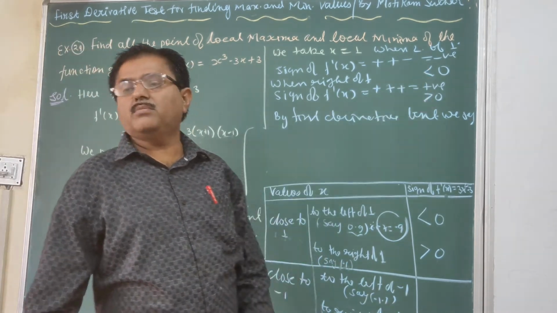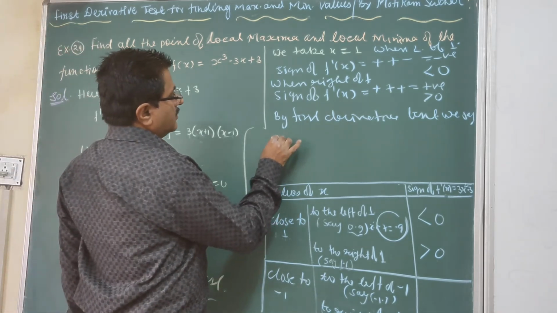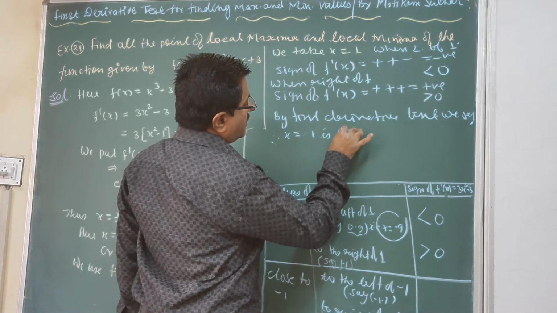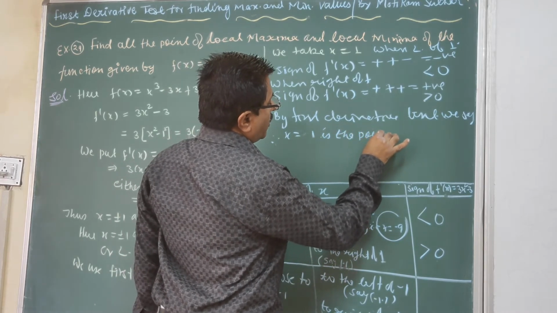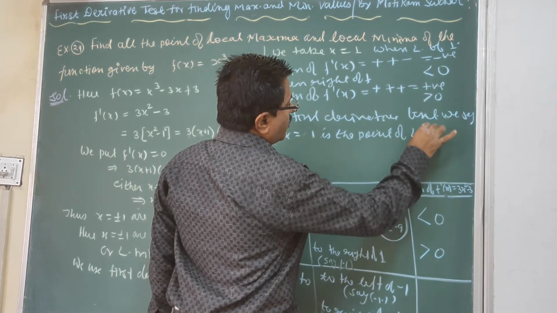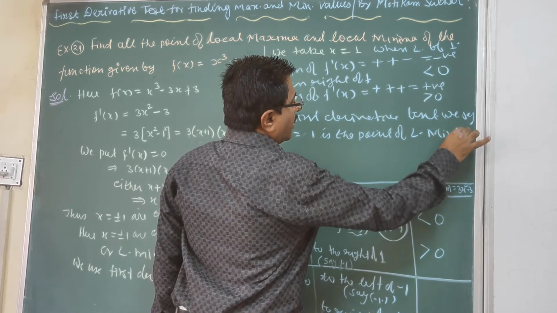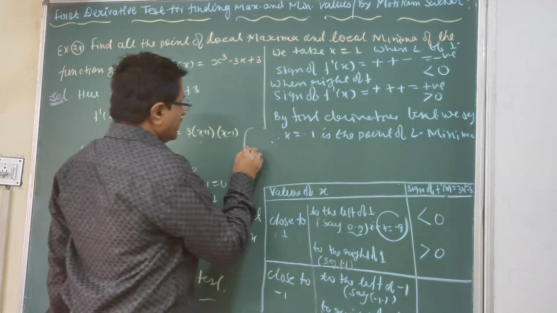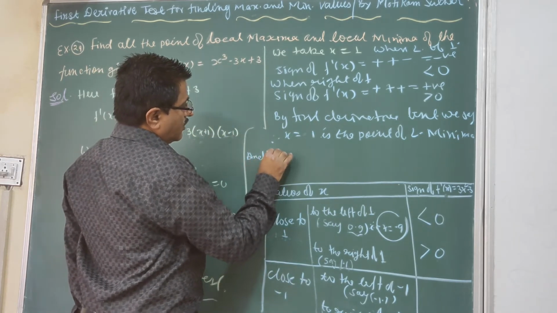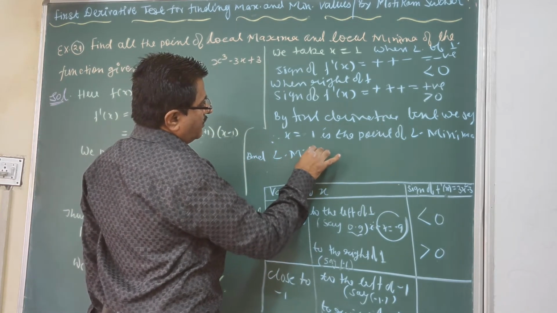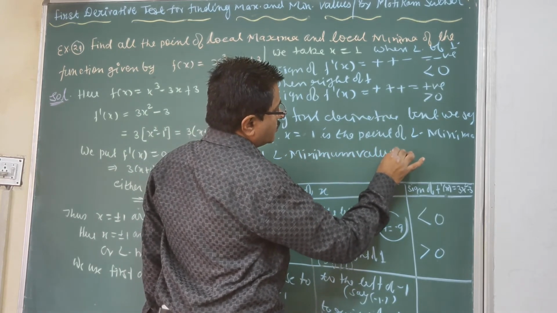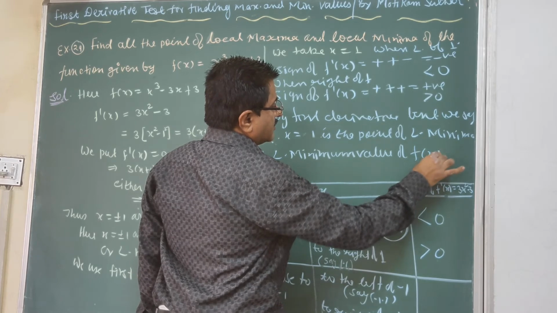So it is a point of local minimum. x equal to 1 is the point of local minimum. This is the point of local minima, and you have to also find the local minimum value of f(x).